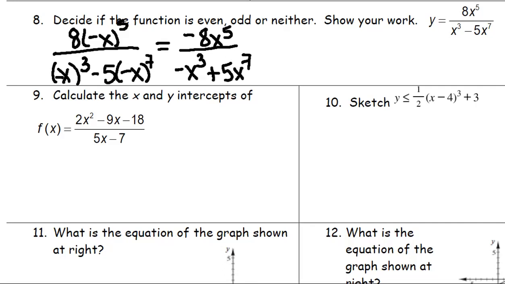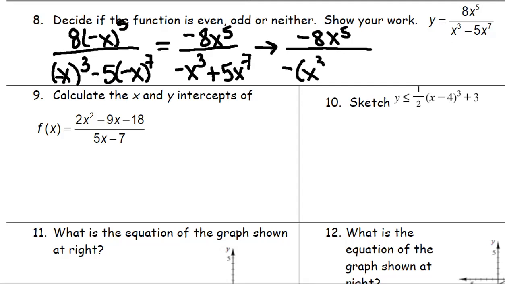So what you want to pay attention to is see if this is the same as this or opposite of this or neither. It's hard to see it in this way. So what I'm going to do is I'm actually going to rewrite this. I'm going to factor out a negative from the bottom.